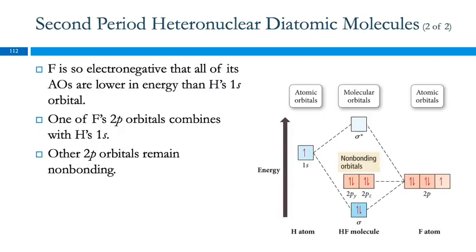If we look at hydrogen fluoride, nitrogen and oxygen are right next to each other in the periodic table. They're really similar in size and electronegativity. Hydrogen and fluorine are quite different from each other. And here, the fluorine is so electronegative that its atomic orbital 2p is lower in energy than the 1s orbital in hydrogen.